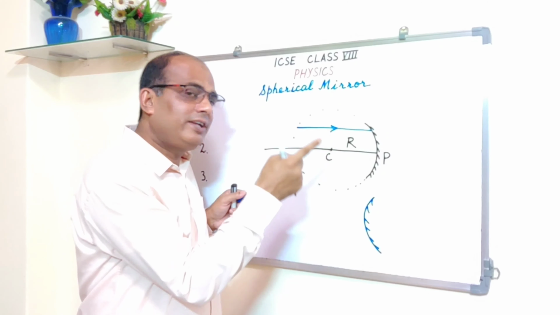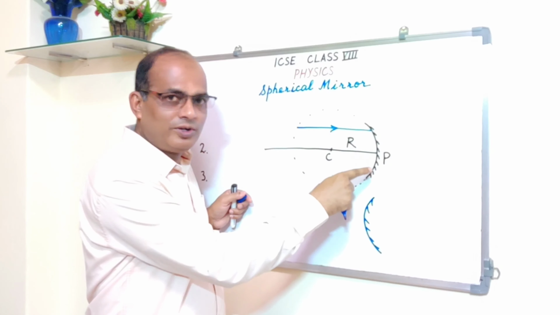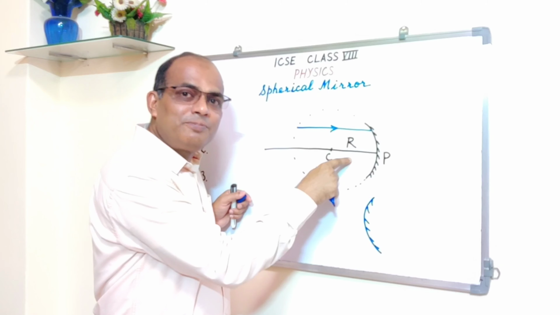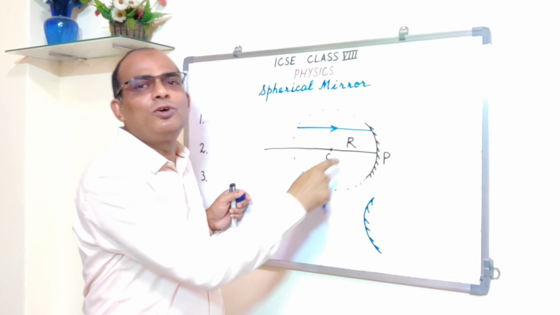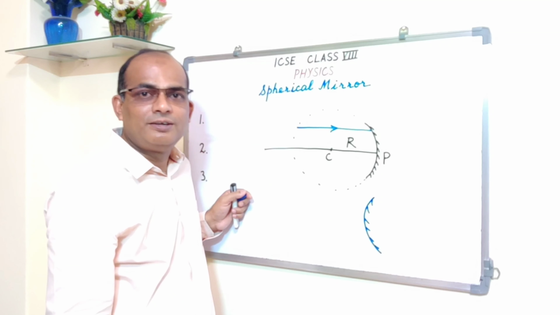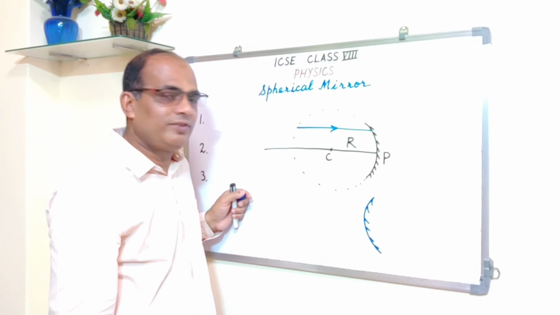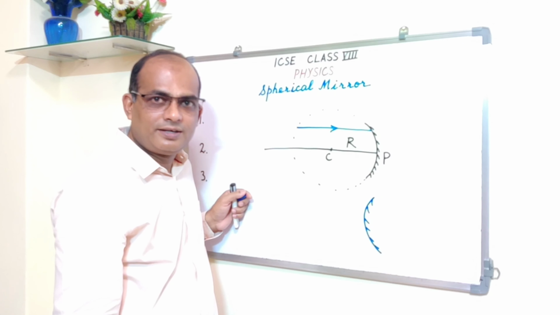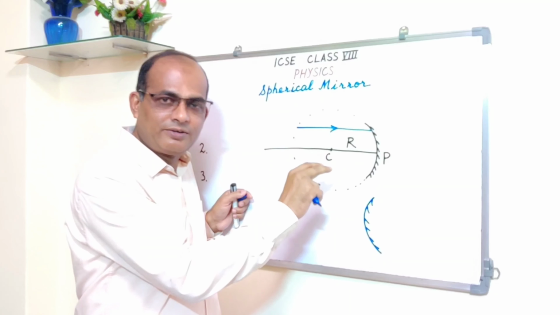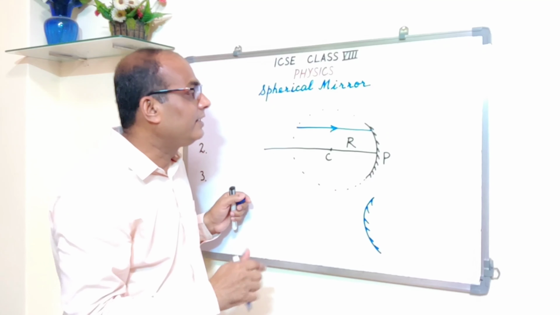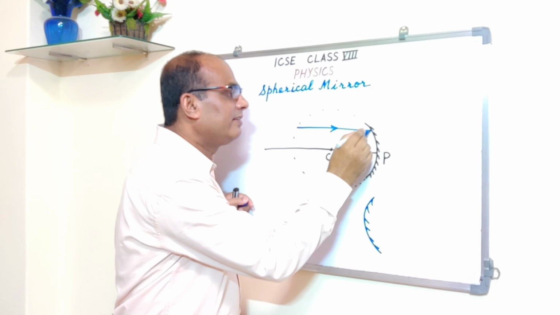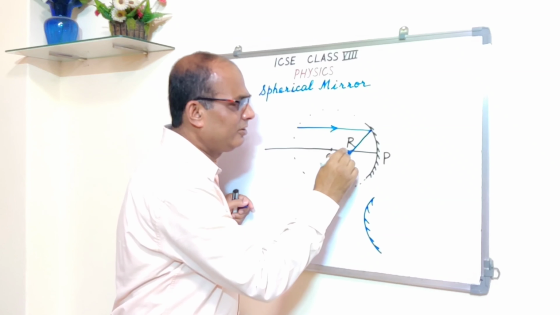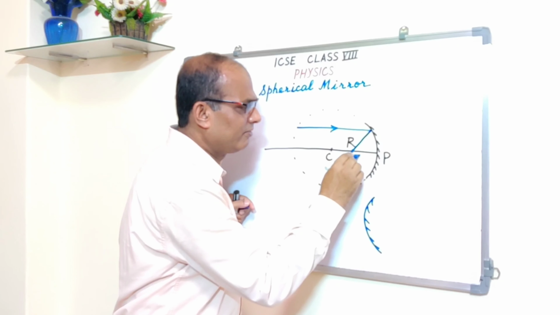After reflection from this concave mirror, it passes through a point on the principal axis, and that point we call the focus of the concave mirror. Let me talk about only concave mirror right now. So this is passing like this through a point on the principal axis, and this point we call focus, F.